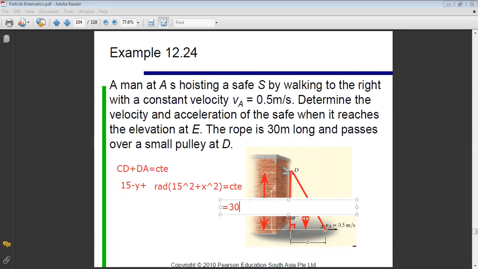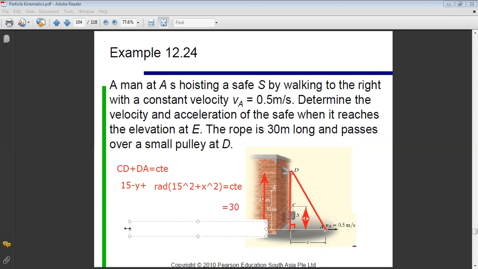Okay. So now all we have to do is to rearrange the terms. We can take 15 minus y to the other side and square it, because when we square it, it will simplify the form of our equation. So let us try to do it. If we take 15 minus y to the other side, I will directly put the two terms squared.